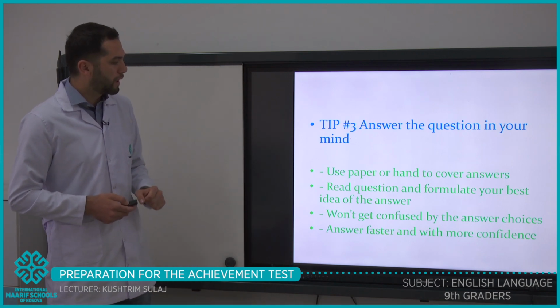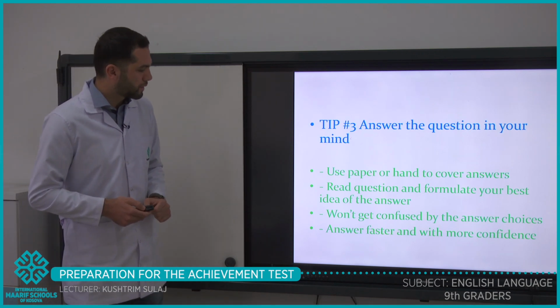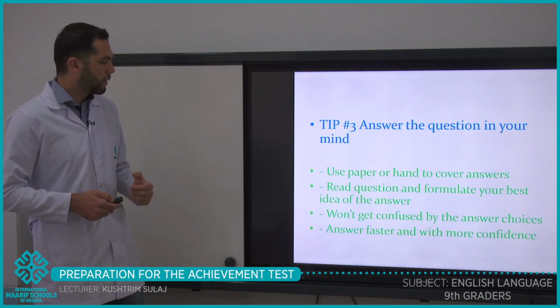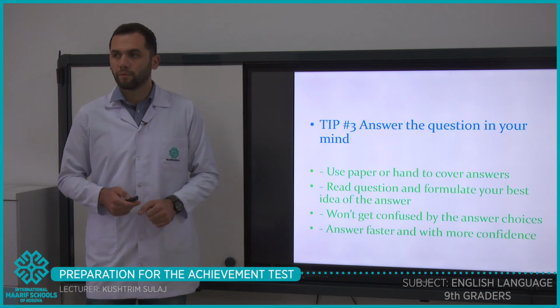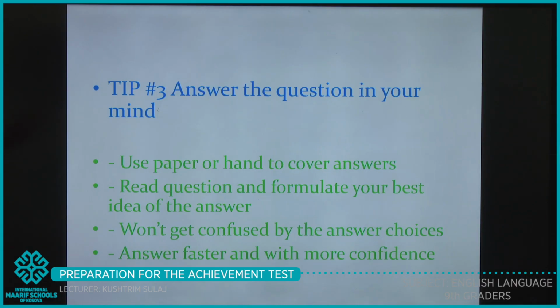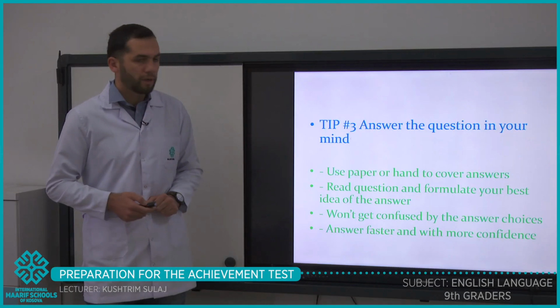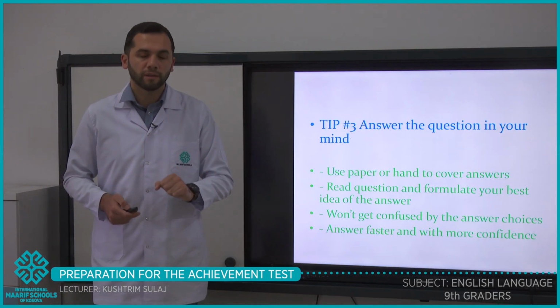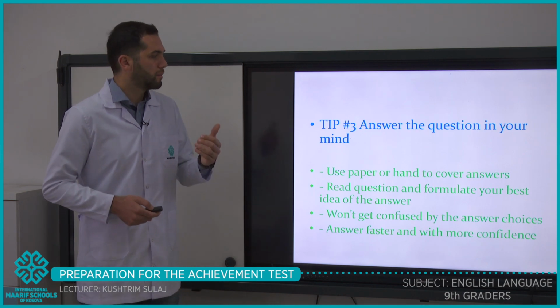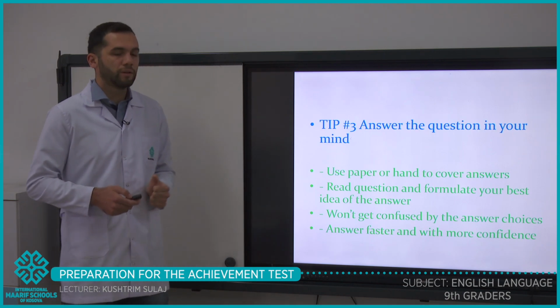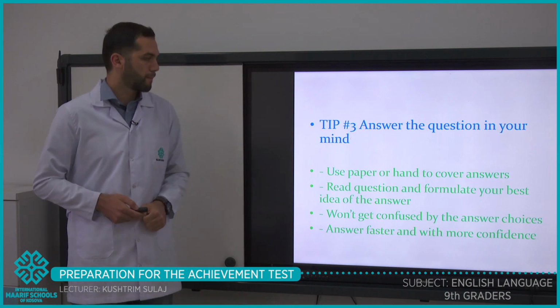Maybe you won't get confused by the answer choices, and then you will answer faster and with more confidence. So, never get confused with the answers, but cover them and try to figure it out by yourself. It's a good practice because students usually get confused.